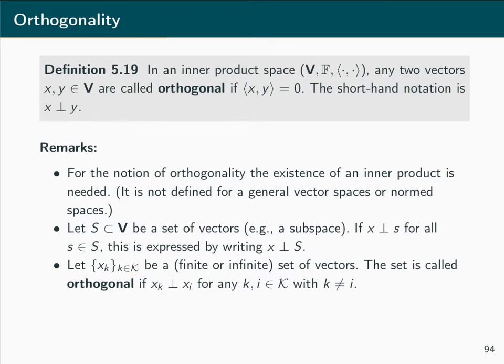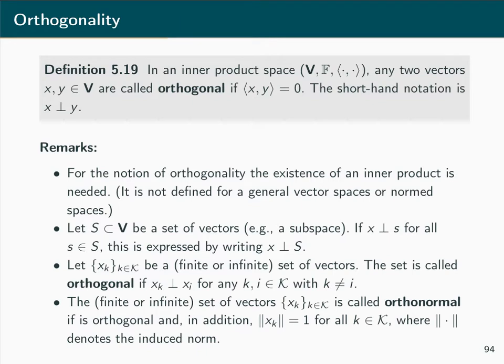So this k here is a finite or infinite index set. Then this set of vectors is called orthogonal if for any two elements of this set, xk and xi, where k not equal to i, we have that these two elements are perpendicular to each other. And finally, such a finite or infinite set of vectors xk is called orthonormal if it is orthogonal and in addition all of the vectors inside the set have length 1 in the induced norm by the inner product.